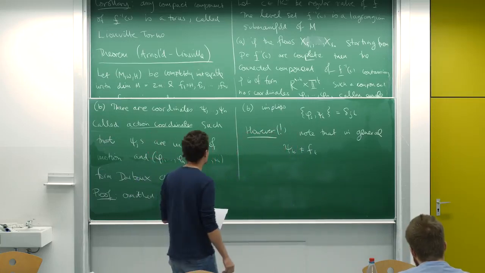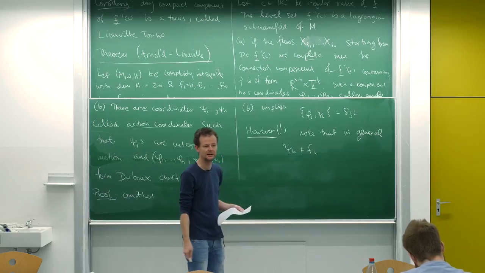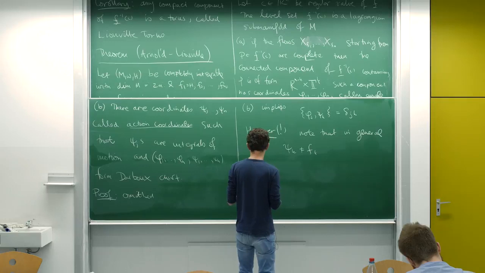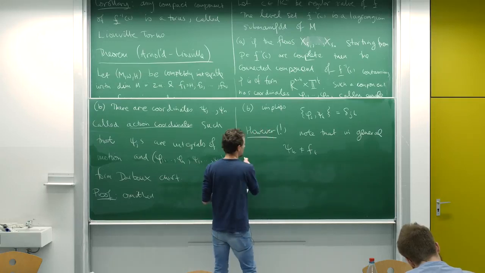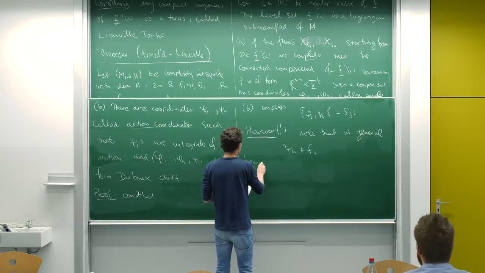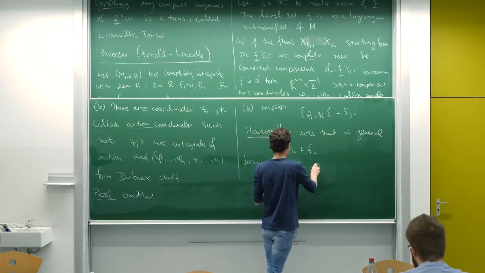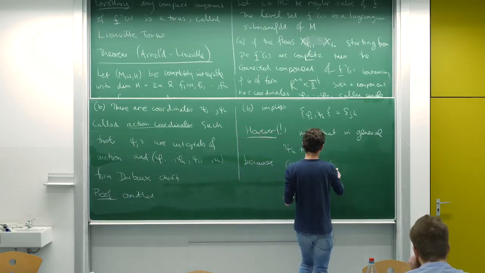It's very tempting to think that. It's certainly true in the harmonic oscillator case, where basically nothing else it can be. And the reason is actually pretty simple, right? Because these things don't form a Darboux chart.